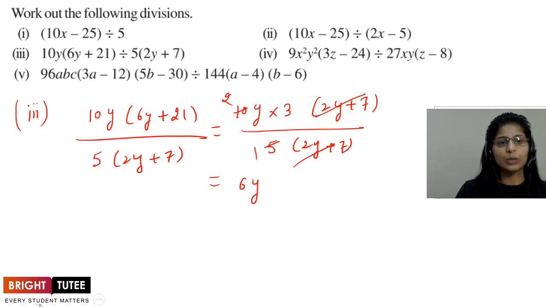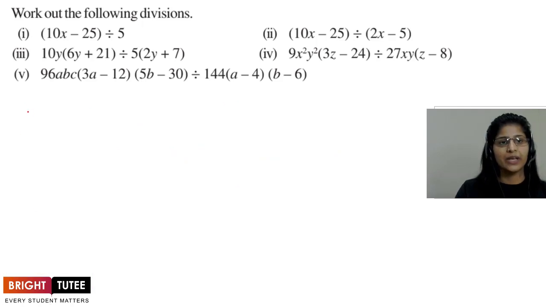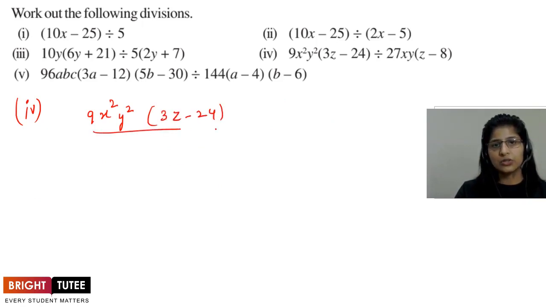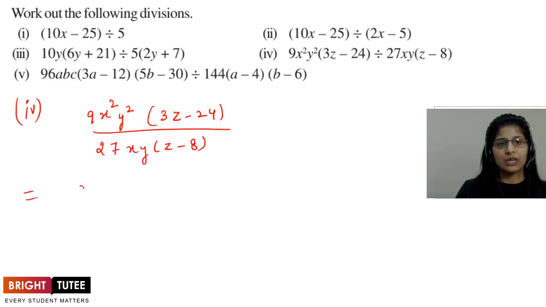Let's try the fourth part now of this question. We are given 9x square y square into 3z minus 24. It is going to be divided by 27xy into z minus 8. So 9x square y square we already have. Out of 3z and 24, we see 3 is common.